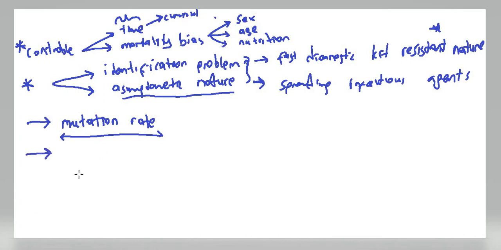The mortality bias. To achieve these three of them, you need humanized animals. Okay, how to achieve that?